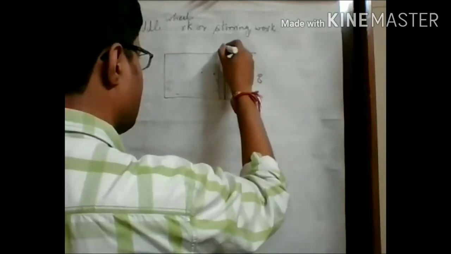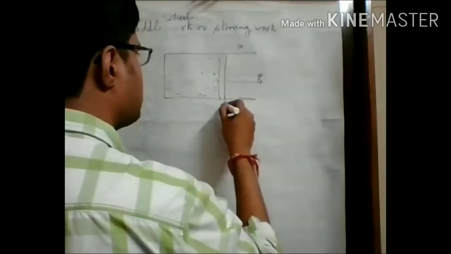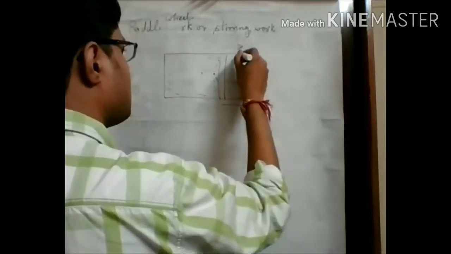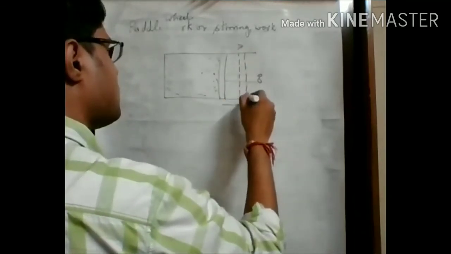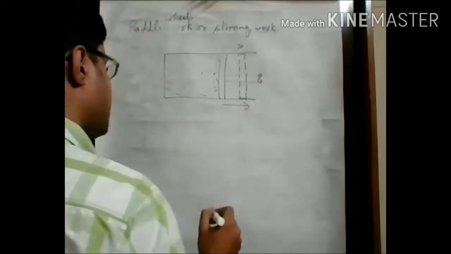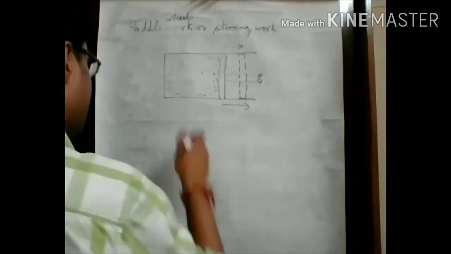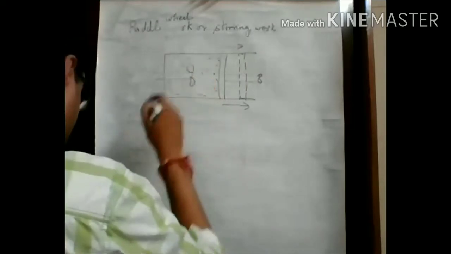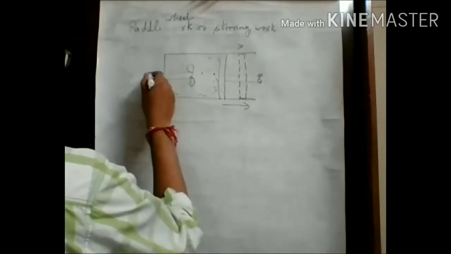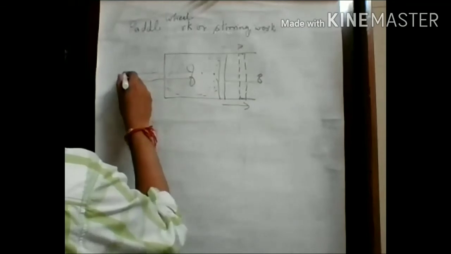This is moving in the outward direction, against the atmospheric pressure, and here one paddle is placed which is connected with a weight.